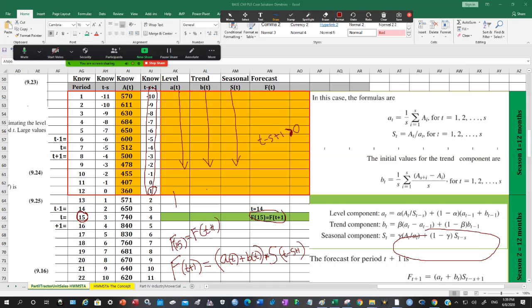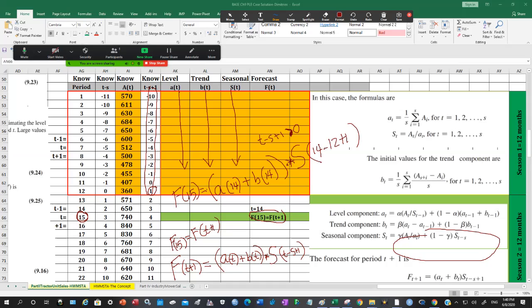So f of 15 would be equal to a of 14 plus B of 14 times the seasonal component of T minus S plus 1. And T is 14, minus S is minus 12, and plus 1. And what does that give us?